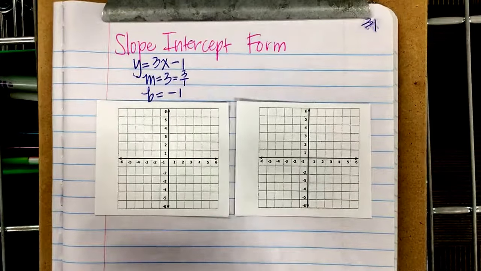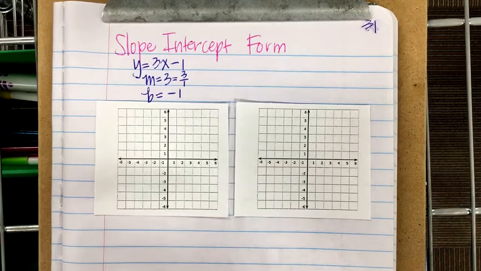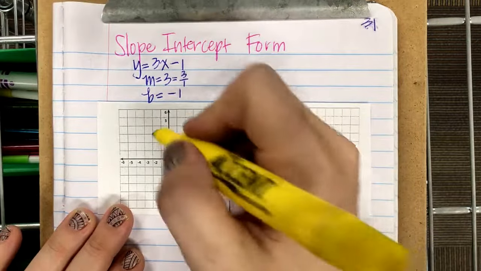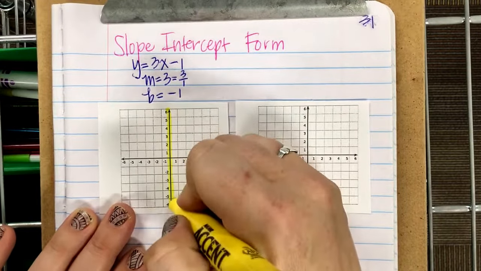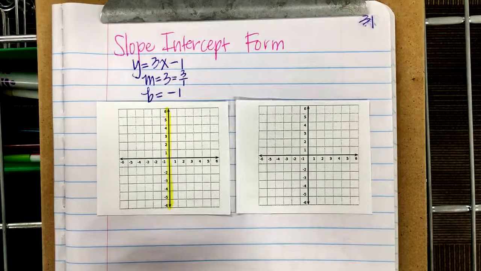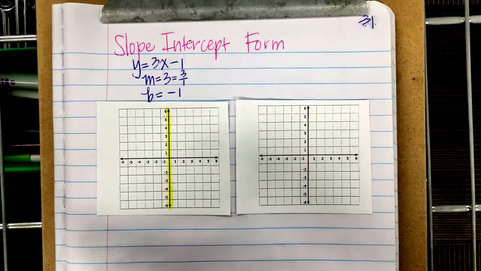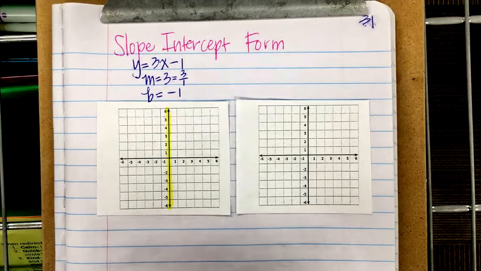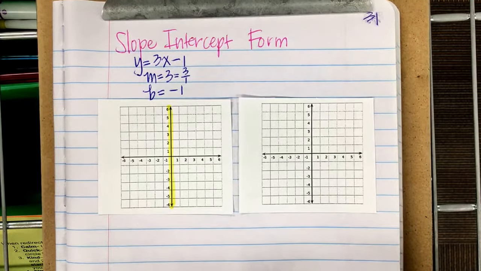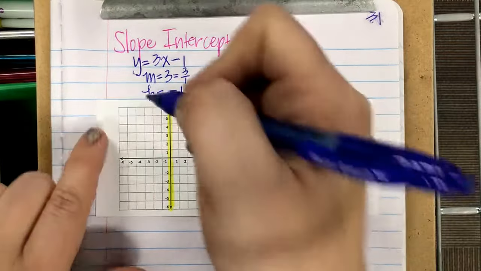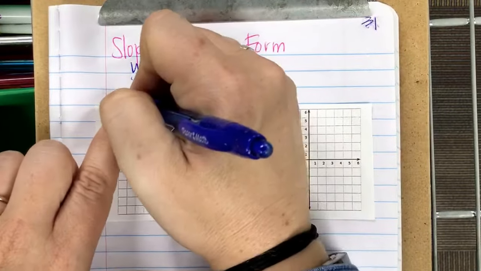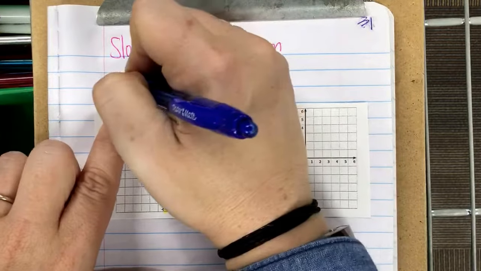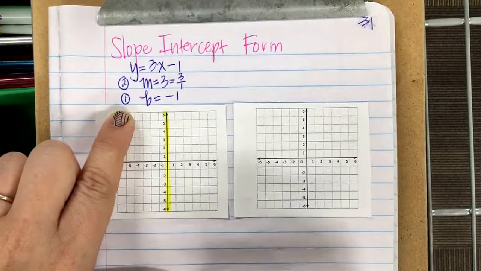All right. I suggest when we start out, you highlight the y-axis to remind yourself that it is the y-intercept. And we graph in alphabetical order, meaning we start with the intercept, and then we do our slope.